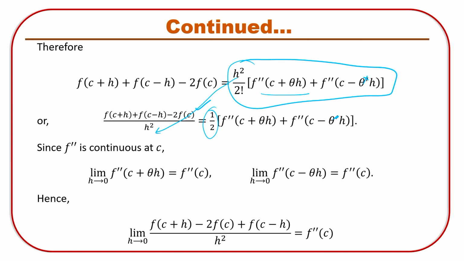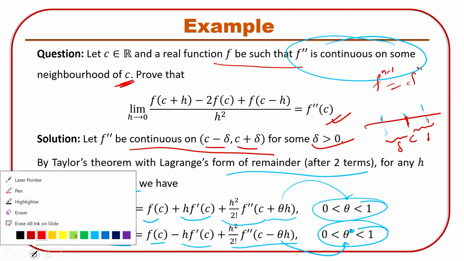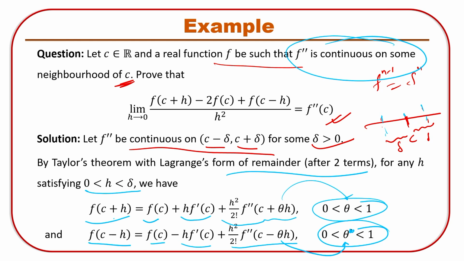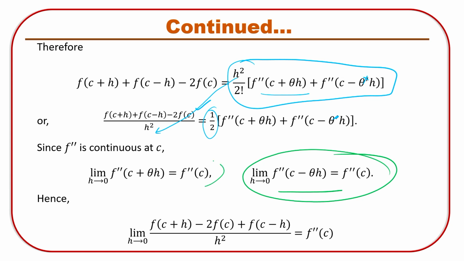Since f double dash is continuous, as we had already assumed, on some neighborhood of c, f double dash of c plus theta h can be converted to f double dash of c, and similarly f double dash of c minus theta h can be converted to f double dash of c. Why?